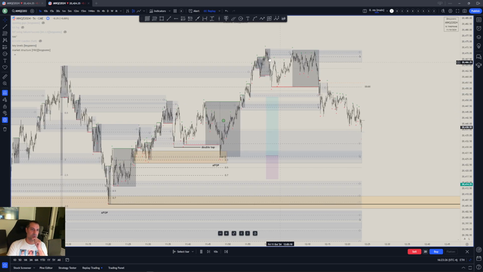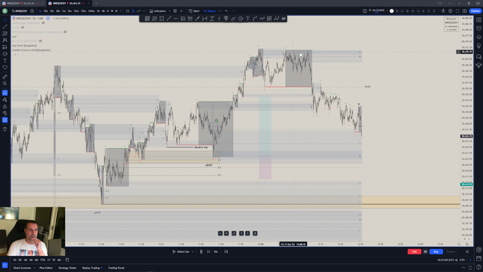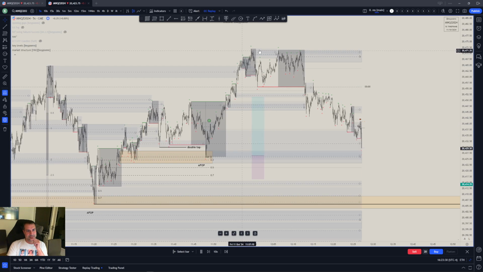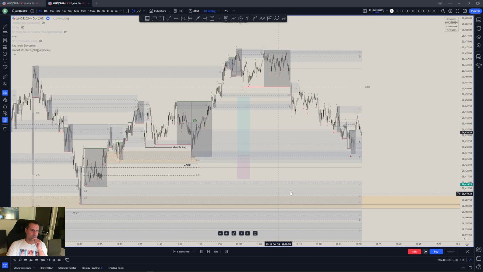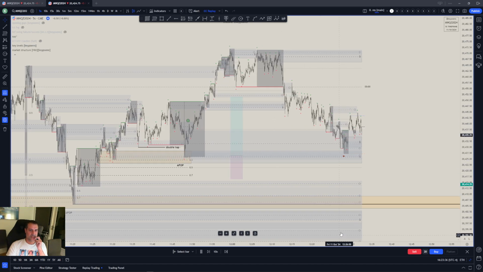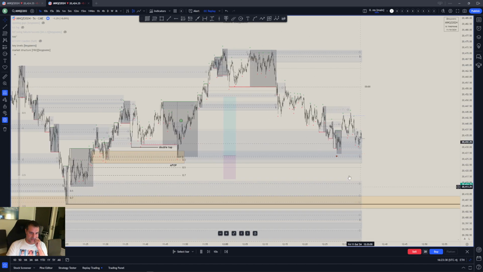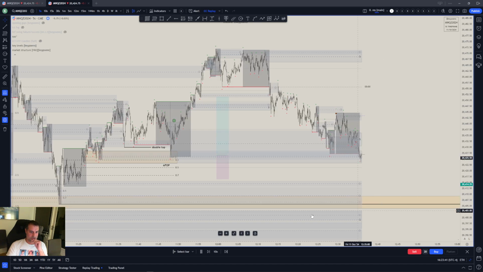We're walking through. After leaving a lot of equal highs and liquidity up there, we start with a bearish move. We go through the lunch break, New York lunch.